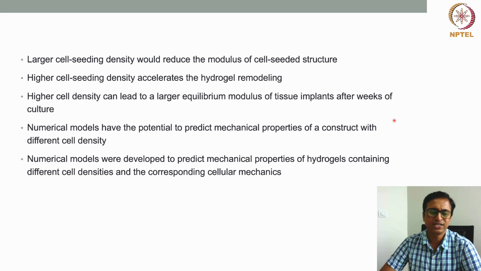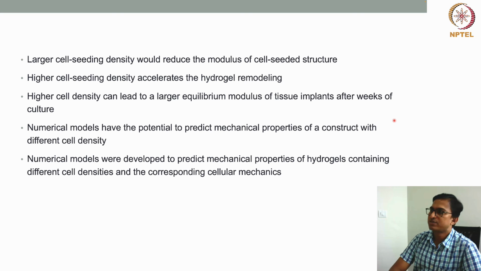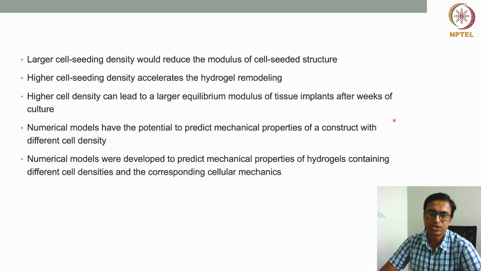And if it can be predicted, that is a very good thing, because you can have a better idea of what cell number is required to start your bioprinting work. Different numerical models have been developed to predict the mechanical properties of hydrogels at different cell densities and the corresponding cellular mechanics.